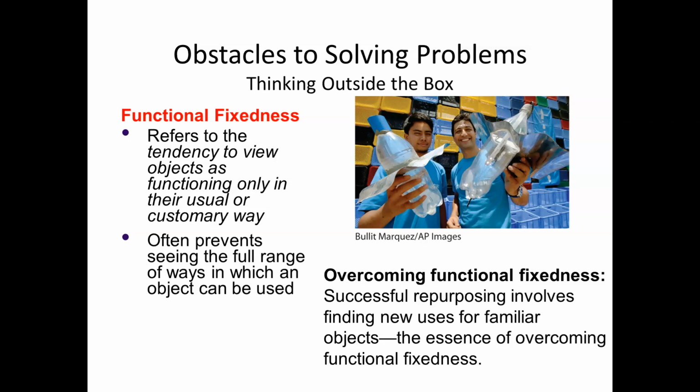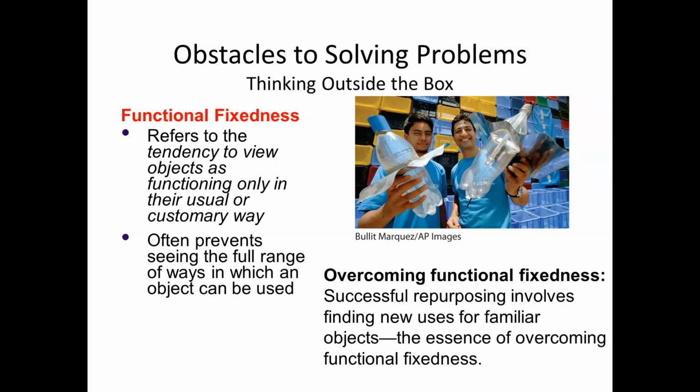Functional fixedness refers to the tendency to view objects as functioning only in their usual or customary way. Hence, the function of that object is fixed. It only functions and only works in the usual way that it usually does. Hope that makes sense.